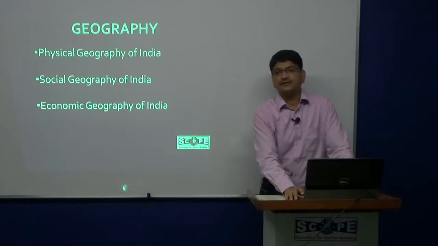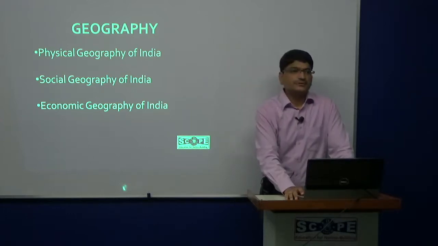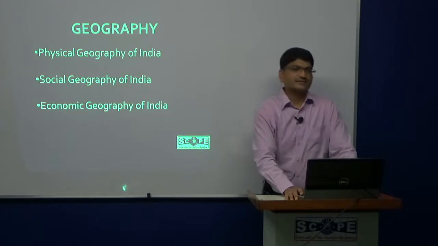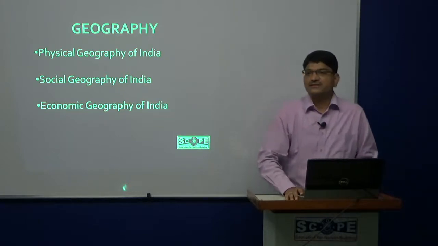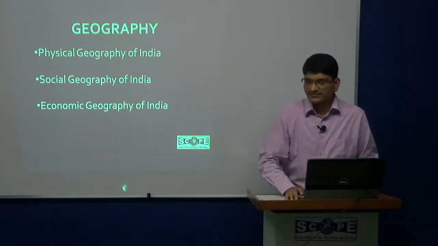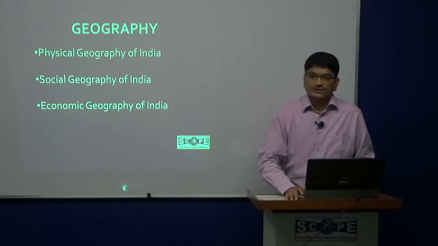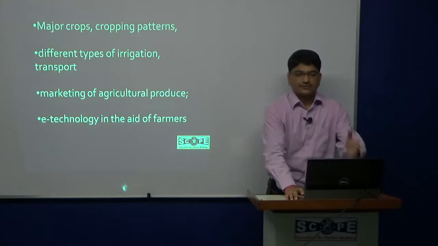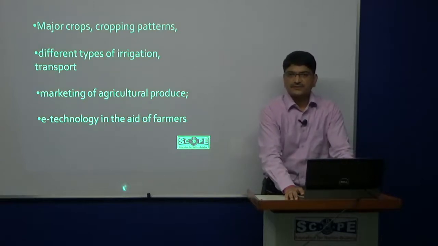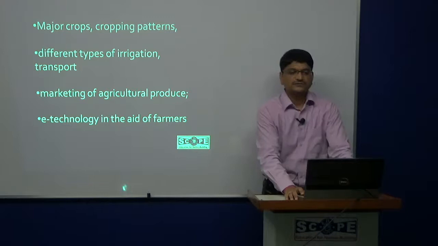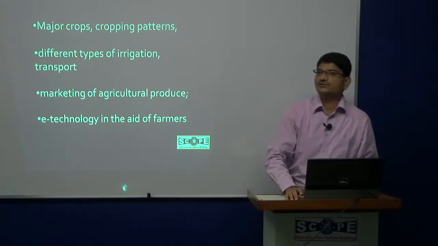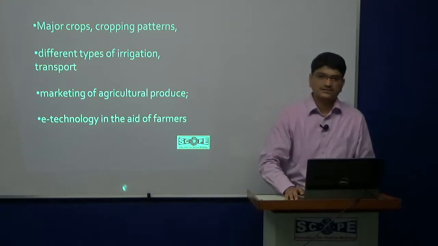Economic geography of India relates to economic activities: agriculture, infrastructure, industry, services, called primary, secondary and tertiary sectors in the economy. Under economic geography, you can have various examples from the syllabus: crops, irrigation, transport, agricultural produce, and e-technology for farmers nowadays.